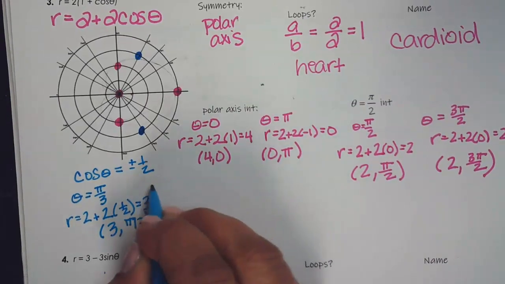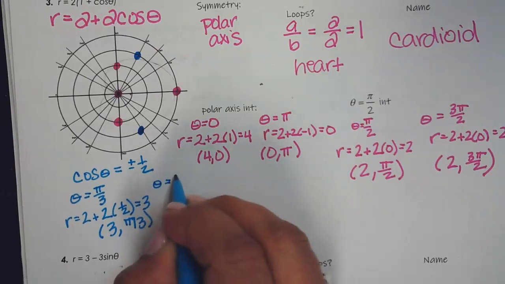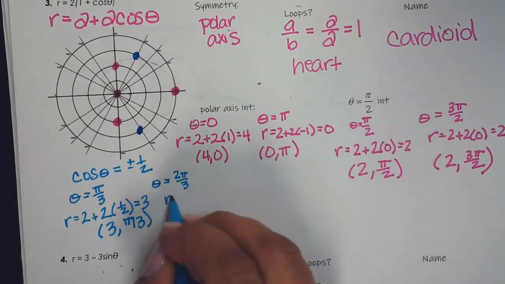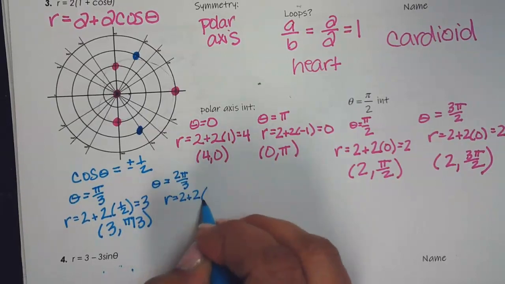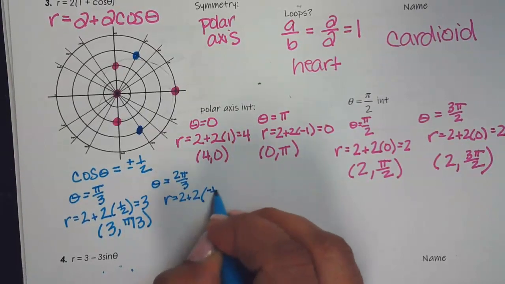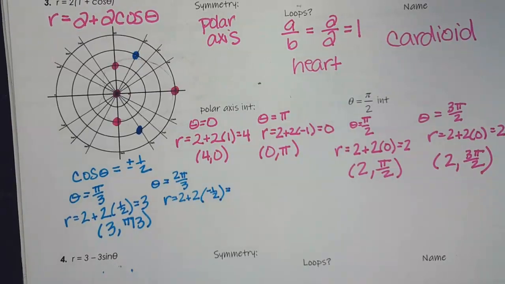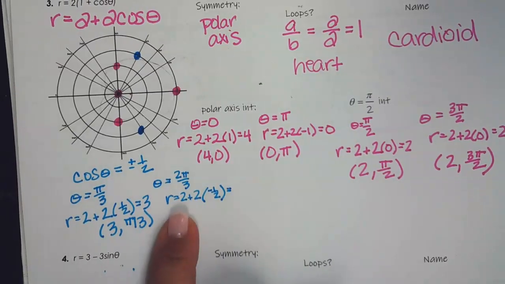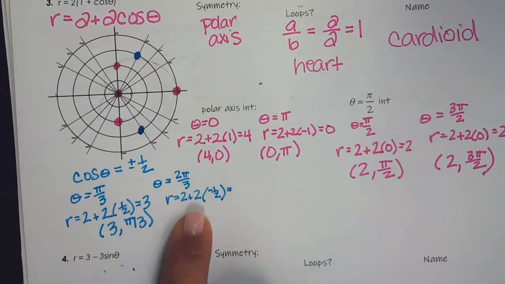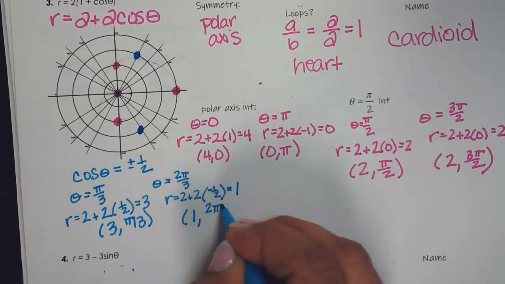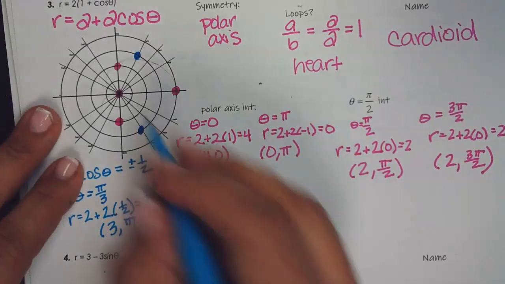And then if you wanted to know, we could use theta equals 2 pi thirds. That would give me a cosine of negative 1/2. So that would be 2 plus -1, which is going to be 1. So we'd have 1 and 2 pi thirds.